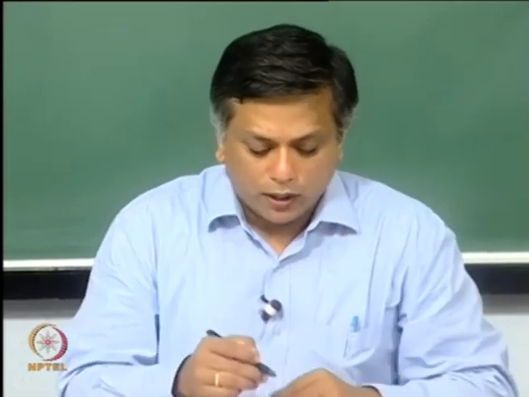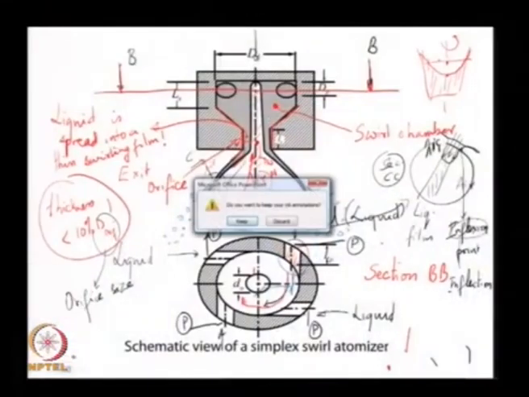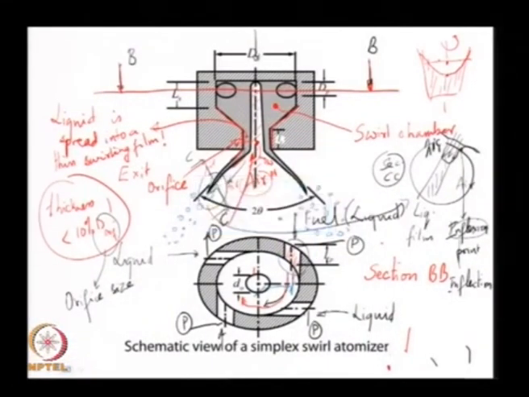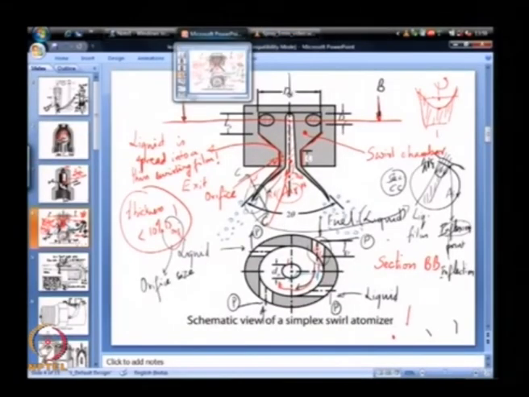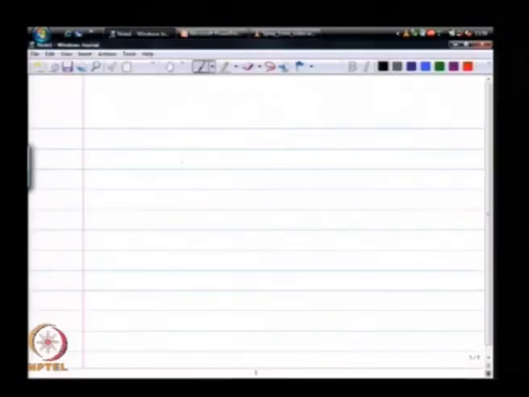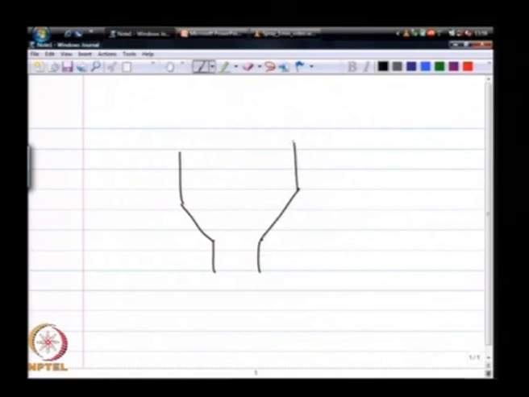Now, as far as the spray angle is concerned, there are some interesting ways of being able to control the spray angle. One of the simplest ways is where, let us say, I take a swirl nozzle that has got a set of tangential holes just like that. I show this hole to show that it is a tangential hole.